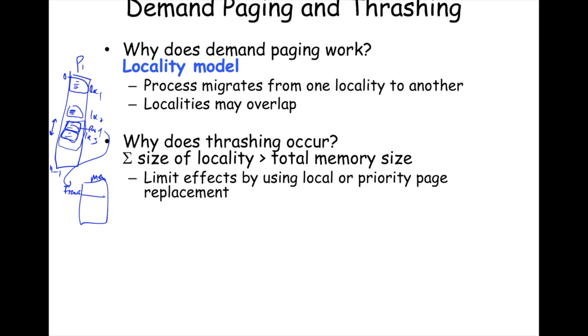If I satisfy that frequent access by prioritizing its demand for pages, I'm going to decrease the number of page faults, because more likely than not, all of the instruction references within this locality are going to be satisfied and not cause page faults as frequently.